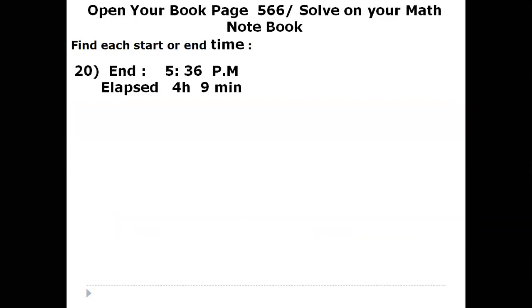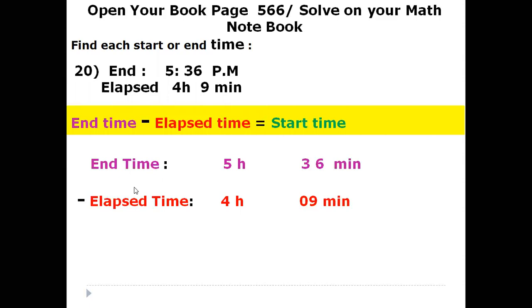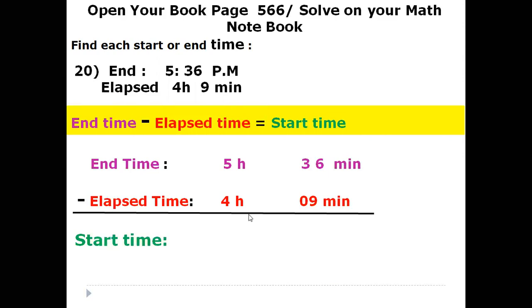So look, when we need to find the ending time, you add. The starting time, you subtract. So when you subtract the elapsed time from the ending time, 36 minus 9 is 27. And 5 hours minus 4 is 1 hour. So the starting time is 1:27 p.m.